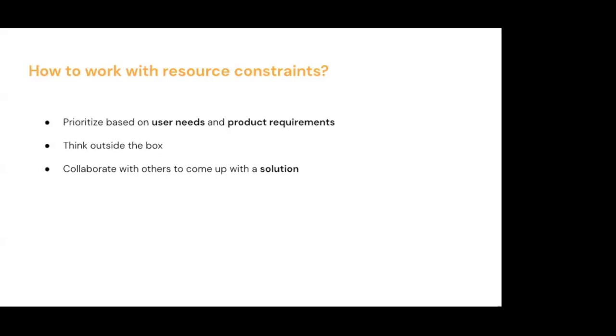And how do you work with that? So prioritize based on user needs, and also think about the product requirements and try to think outside the box. So your first design, maybe it helps solve some of the problems, but if you learn that this design doesn't work, think about, is there an easier way? Maybe. So it's a balance, right? You need to give and take.